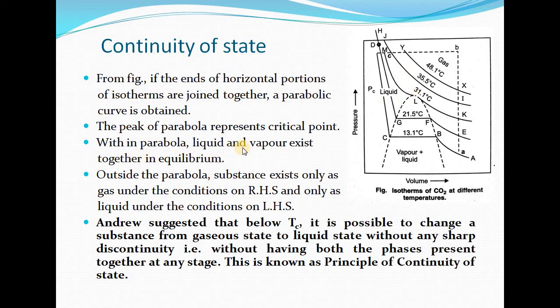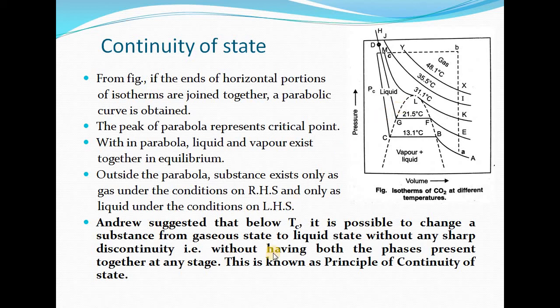So within the parabola, the liquid and vapor are existing together in the equilibrium. And outside the parabola, substance is existing only as gas under the condition on the right hand side, whereas only as liquid under the condition on LHS, left hand side.